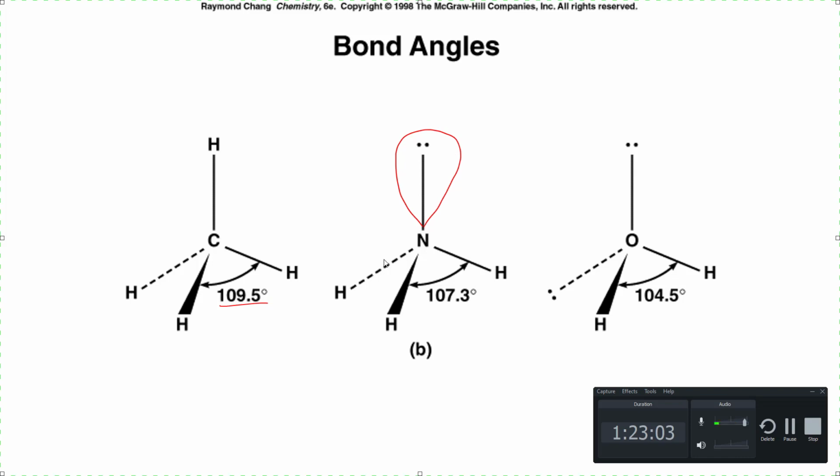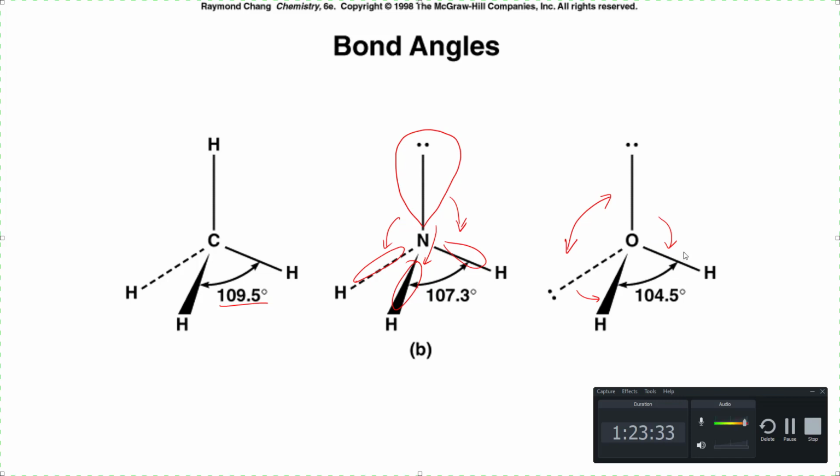And so those clouds tend to push or repel the other clouds so that it squeezes the bond angles down from 109.5 to 107 in ammonia, which is NH3. And these two lone pairs of the oxygen try to get as far away from each other as possible, and they squeeze the hydrogens together so that water has a 104.5 bond angle.